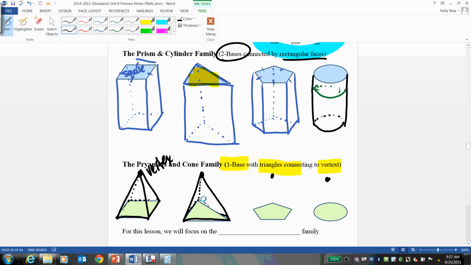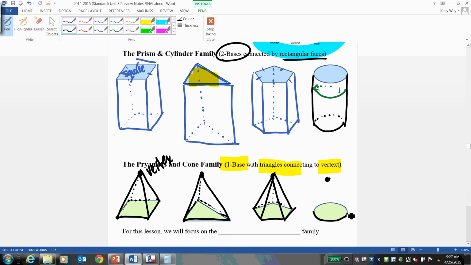Solid, dot, dot. Then we have a pentagonal pyramid. You connect all the corners. That back spine's not going to be visible, so we dot it. That's a pentagonal pyramid.